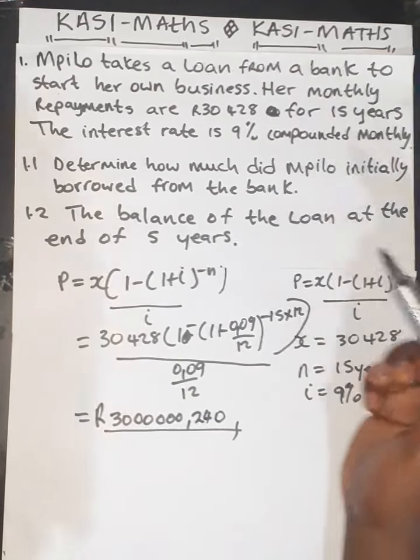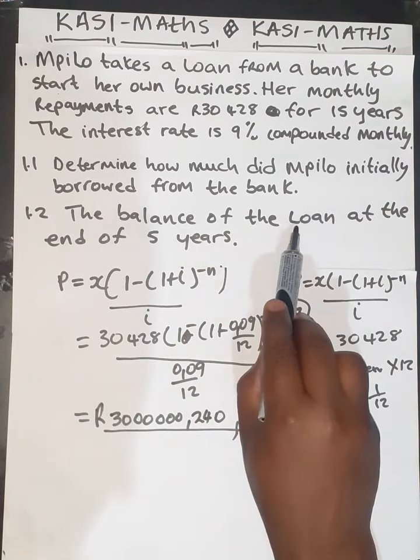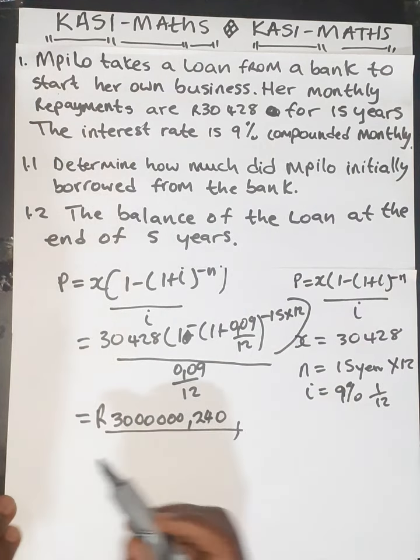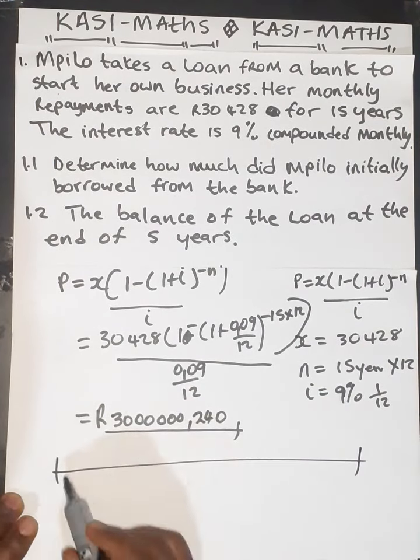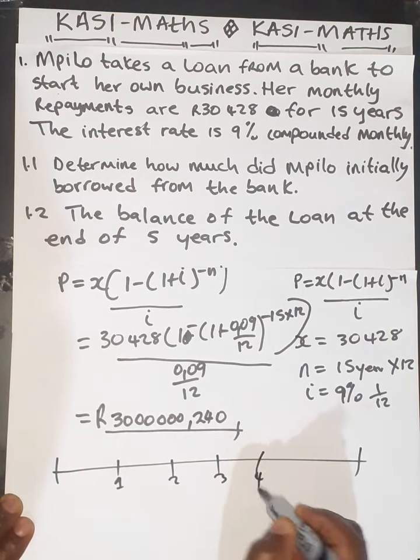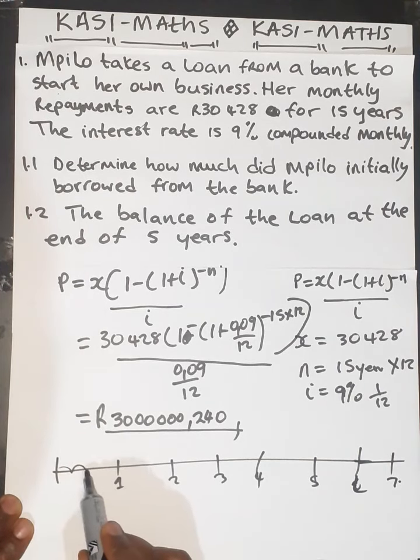Right, let's go to 1.2. We should determine the balance of the loan at the end of 5 years. So now we want to know, over the loan period, 1, 2, 3, 4, 5, and it continues, she pays each and every month.